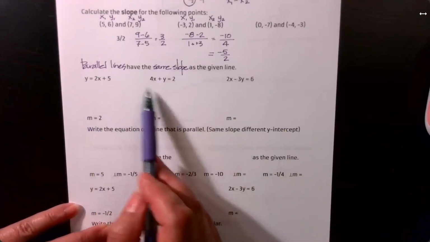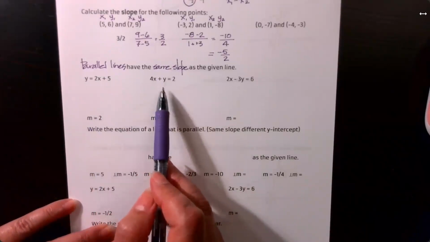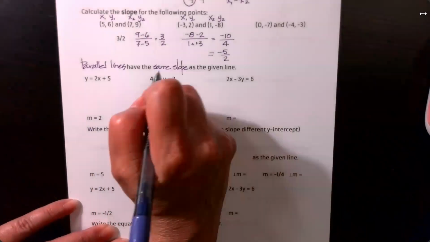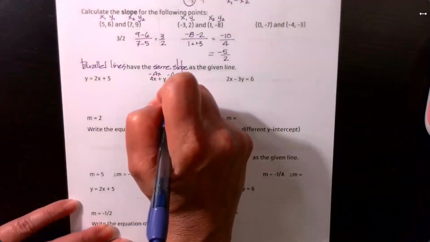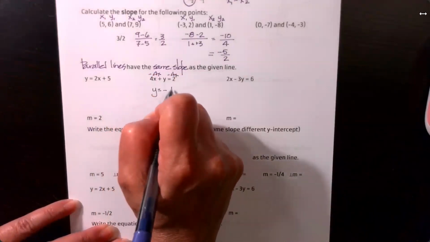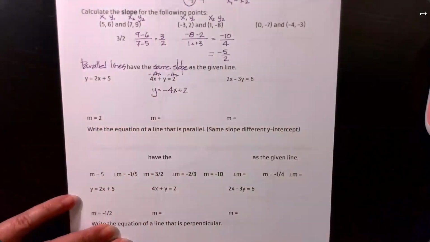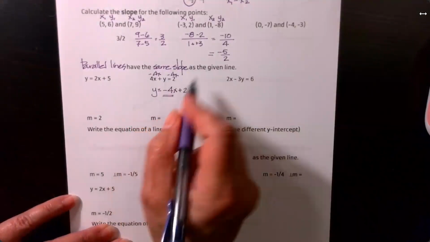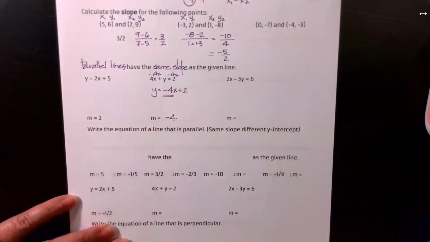So to find the slope of the line parallel to this one, we need to write this in slope-intercept form. That means I'm going to have to subtract 4x from both sides, and I end up with y equals negative 4x plus 2. So if I'm looking for the slope of a line that's parallel to this one, that slope is going to be negative 4.